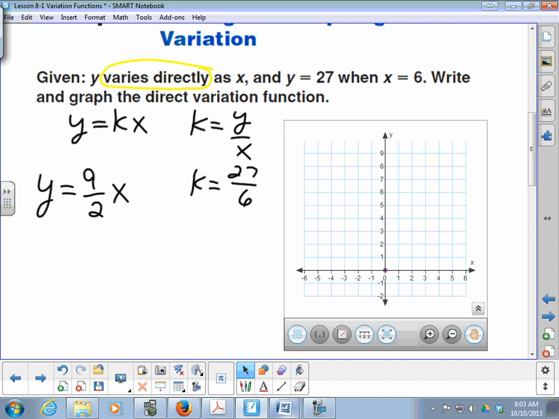And then I graph what? The slope from there, right? So from that point, I'm going to do the slope, which says 9/2, right? Is that 9 the x or the y? Okay, it's the y. It's change in y over change in x. So I go up 9 and over 2 from that spot, and I draw my line.